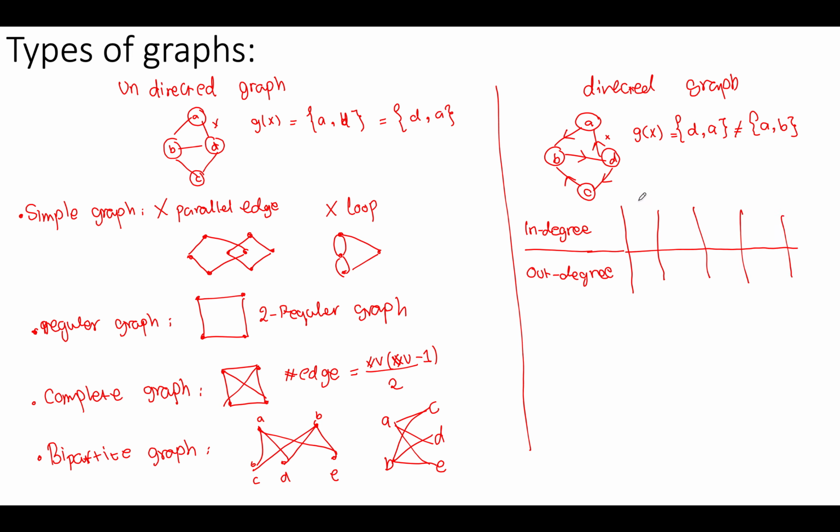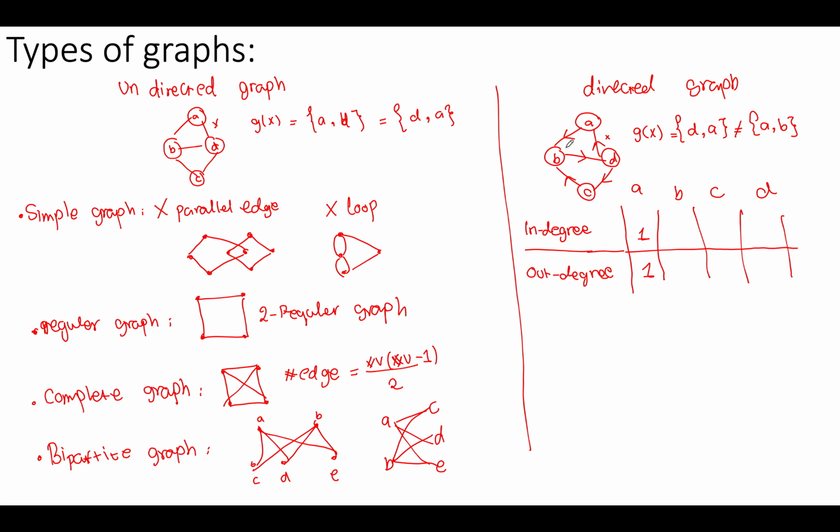Here we have the vertices A, B, C, and D. Now if we take the vertex A and want to check the in degree, we check all the arrows that are pointing to this vertex. So here we've got one arrow pointing to A and one arrow coming out of A. All right.